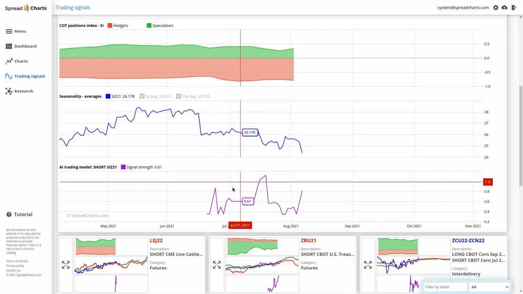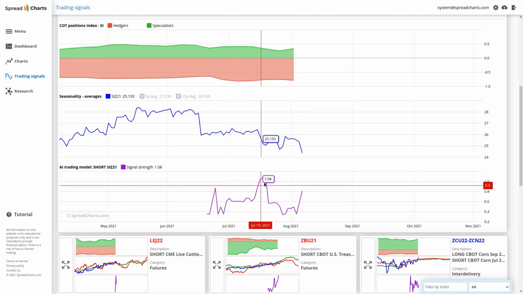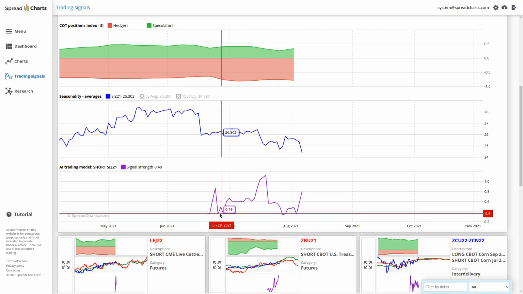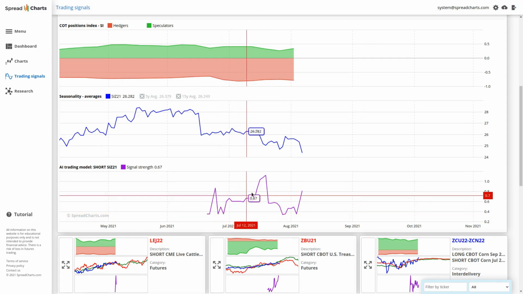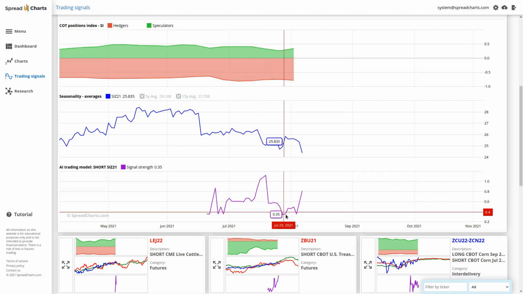When the signal strength is rising, that means the quality of the opportunity is improving, which means the opportunity is becoming better. On the other hand, when it is falling down, that means the opportunity is becoming worse.